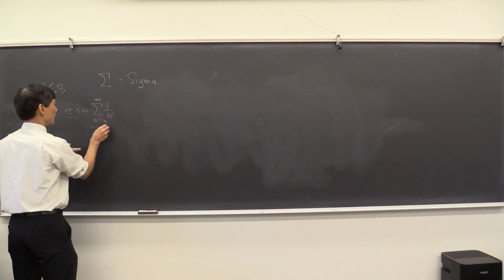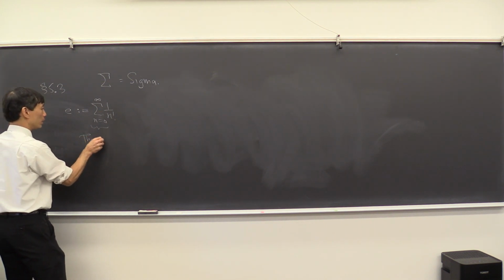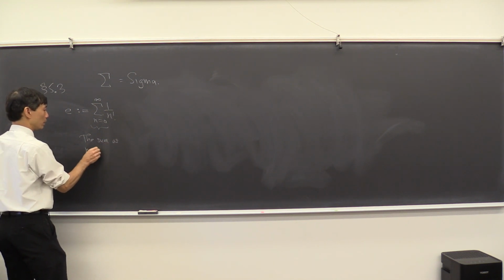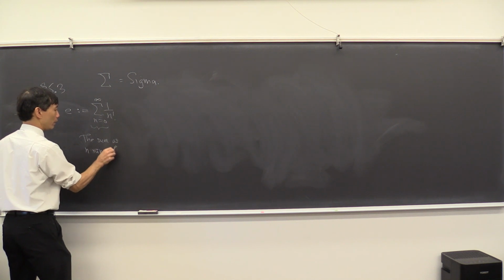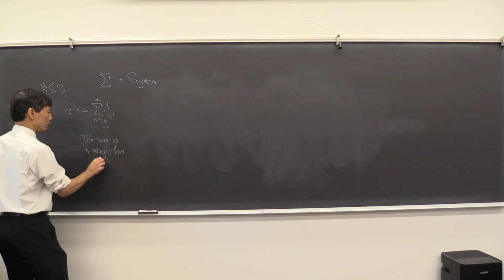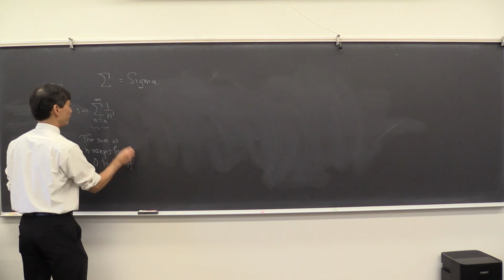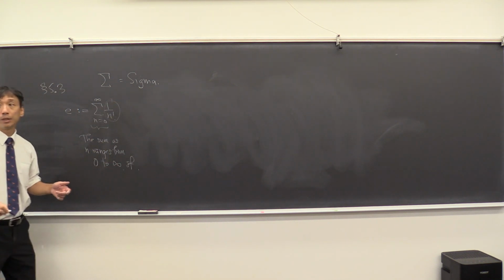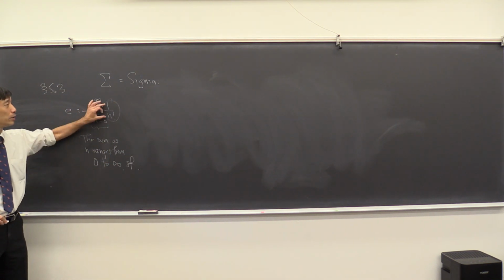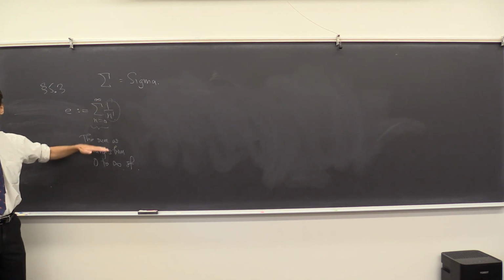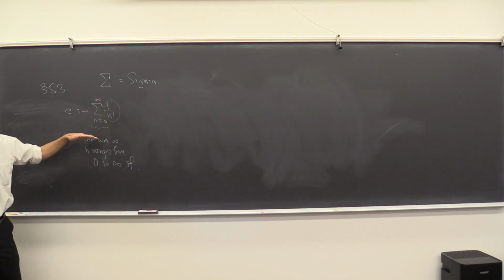So you read this thing as the sum as n ranges from 0 to infinity of this thing. So you're summing this term as n ranges from 0 to infinity.